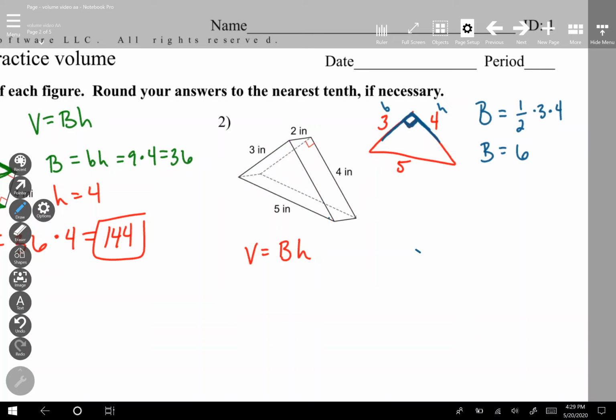Perimeter, just do the original perimeter times the scale factor. Area, we're going to do the area times the scale factor squared. And volume, we're going to do the volume times the scale factor cubed.